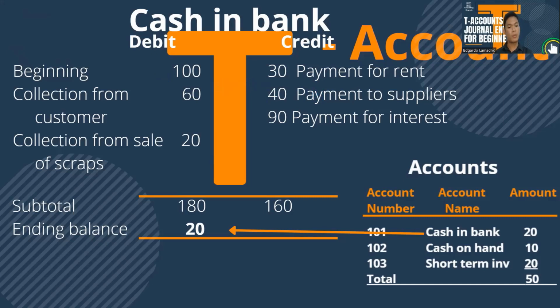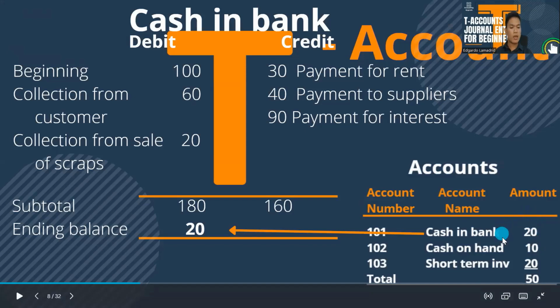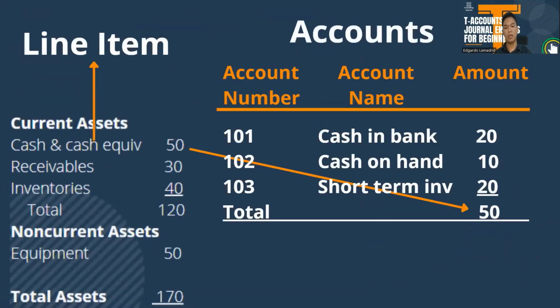For example, there is a payment of rent amounting to 30 currency units, payment to supplier amounting to 40 currency units, and payment for interest amounting to 90 currency units. So the total of that is 160 currency units, which results in an ending balance of 20 currency units. And as you can see, that amount is the same as the cash in bank balance that we presented on the previous slide.